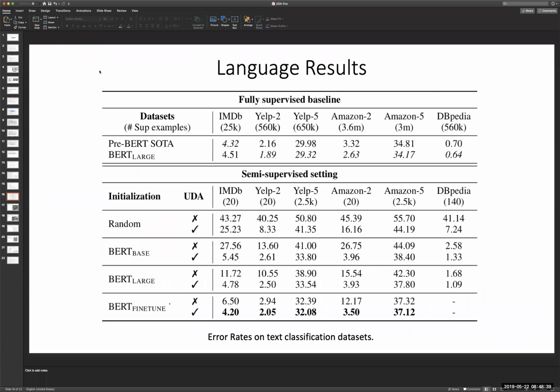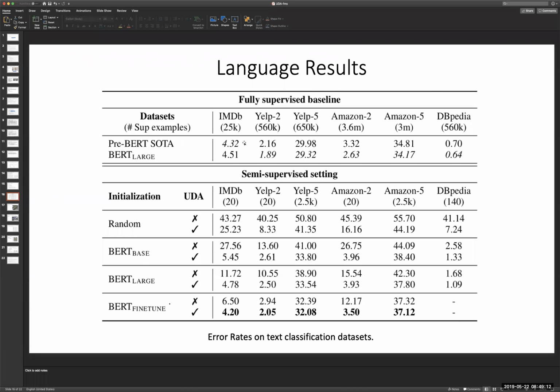So here are our language results. The first part, the top of this, is our fully supervised baseline. And here are 6 data sets, and here are the number of supervised examples. So 25,000 for the IMDb. Pre-BERT, the state of the art, SOTA, was a 4.3% error rate.